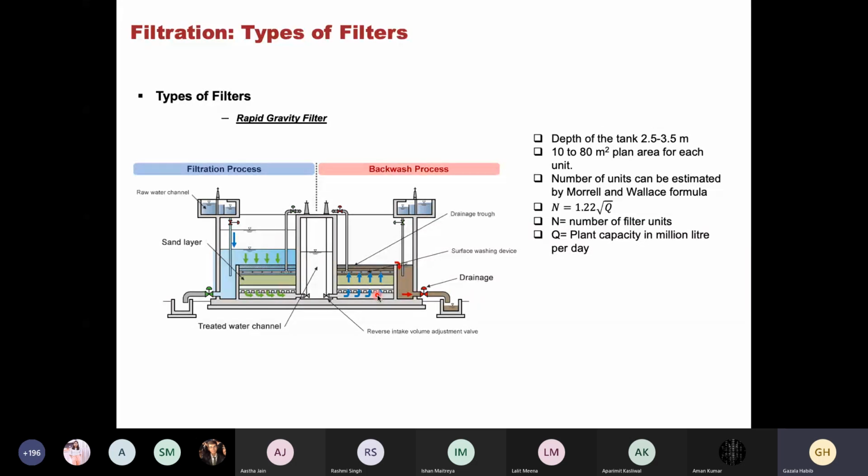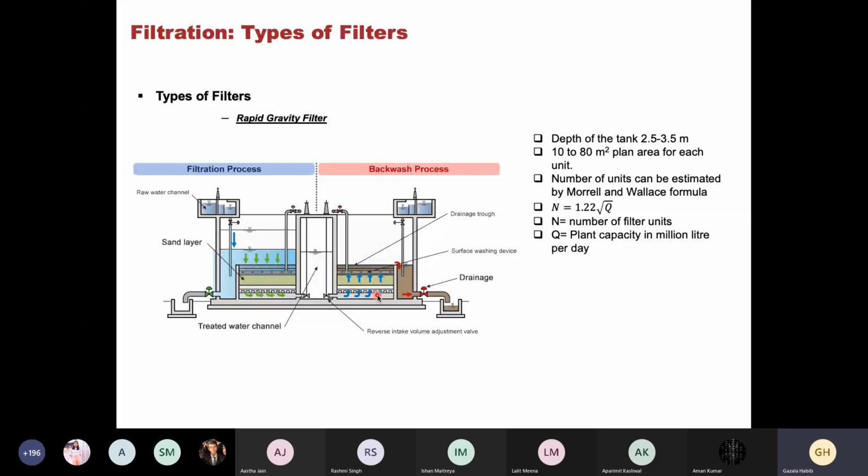This is a general washing process. You are applying the water from the bottom at a certain pressure. Okay, it's not like without pressure. You cannot provide the reverse flow without pressure, right? So this is how it is.